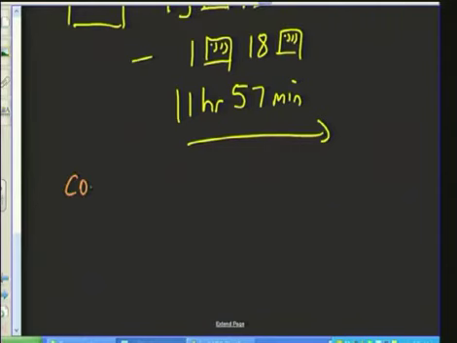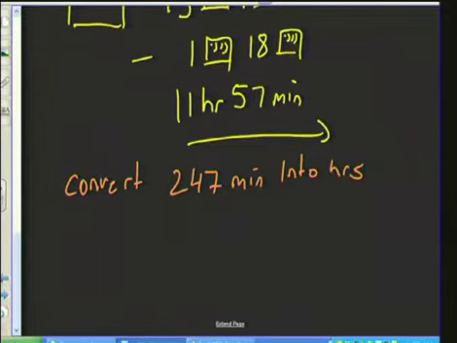But guys, if you want to use this time button, you need to practice, practice, practice. But what's nice about it is that it actually does things like converting minutes. Now let's just do a quick example of this. If I want to convert, let's say, 247 minutes into hours, my calculator can do it.